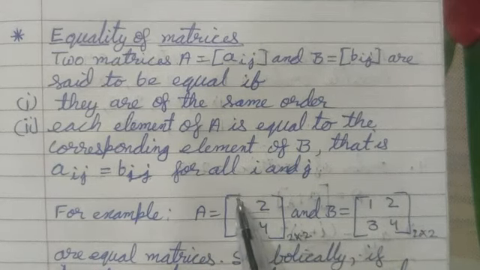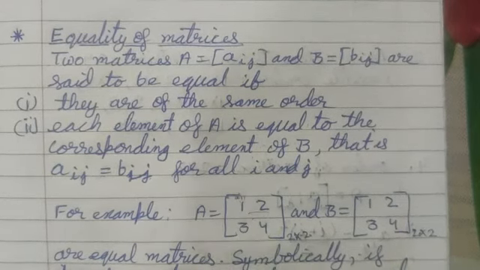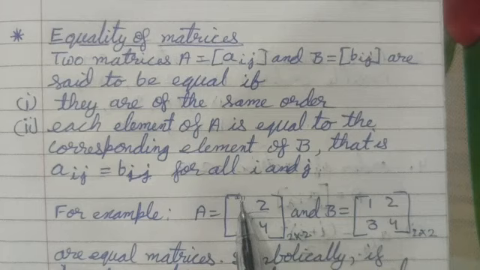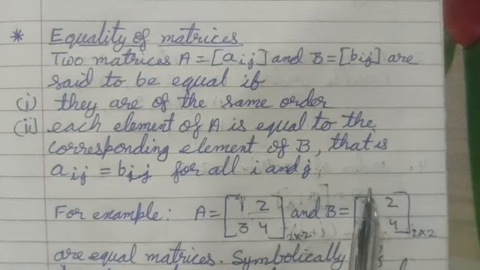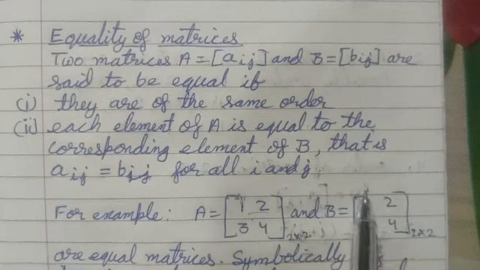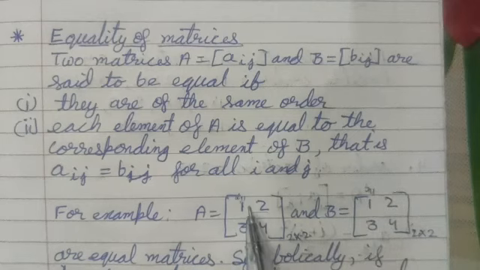This one is a11, the element of row 1 and column 1, and b11 means the element of matrix B of row 1 and column 1 are the same.